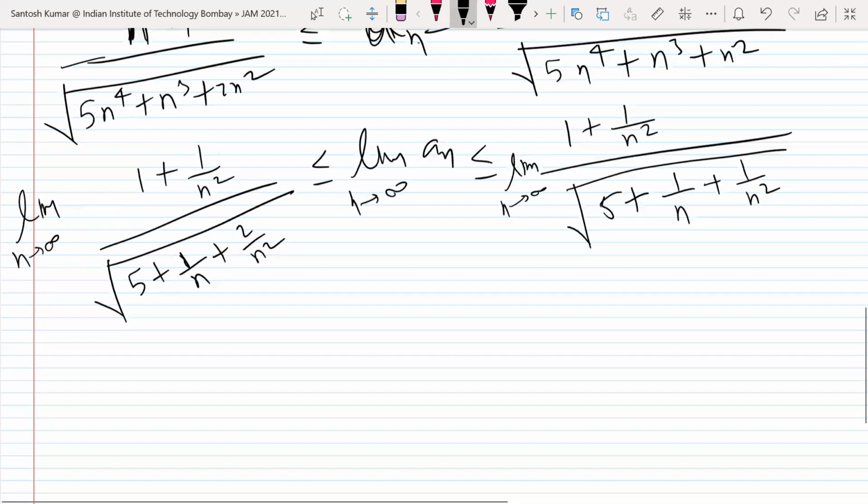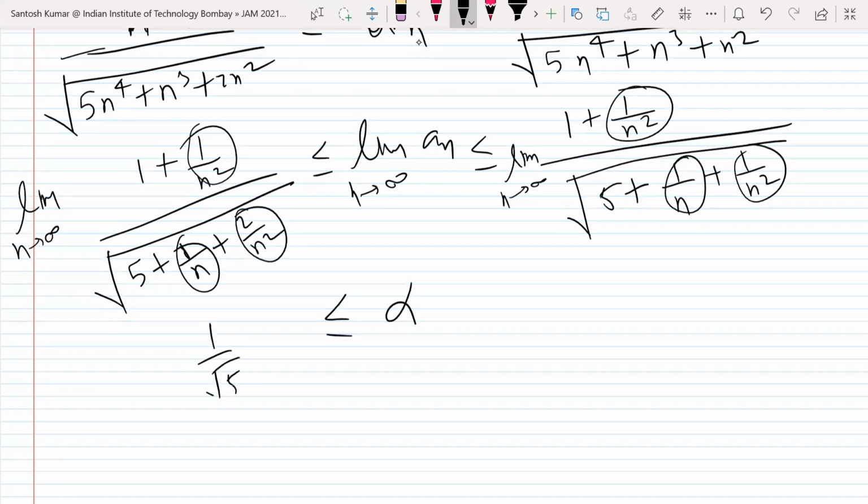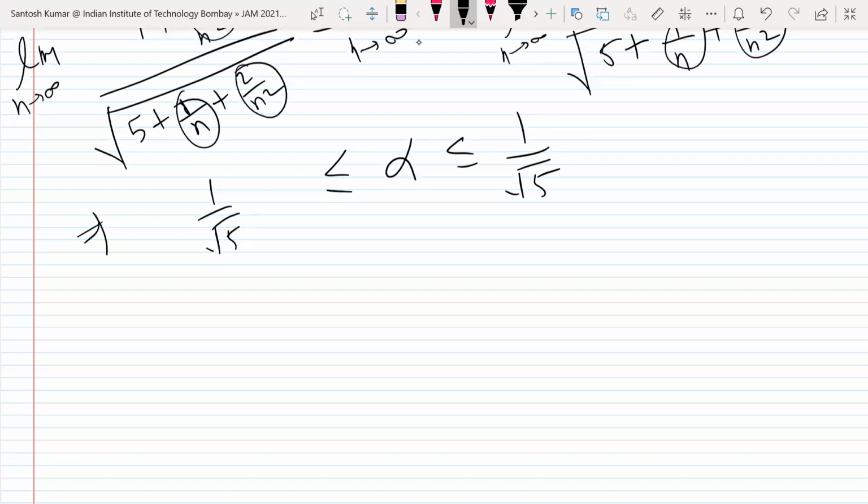Now you apply n tends to infinity. So 1/n^2 becomes 0, and all these terms become 0. So the limit of a_n is alpha, which is more than or equal to 1/root 5 and less than or equal to 1/root 5. Means alpha is actually equal to 1/root 5 by the squeeze theorem, the sandwich theorem.